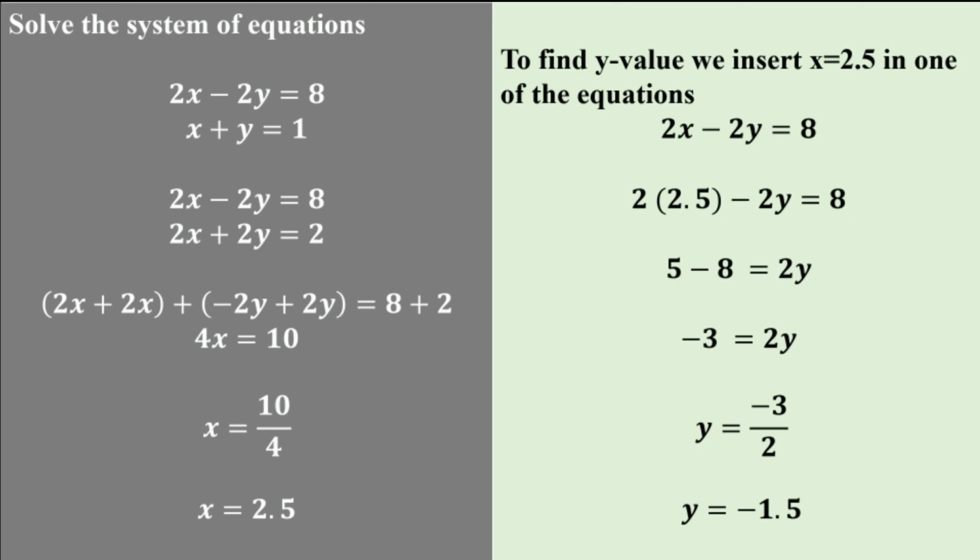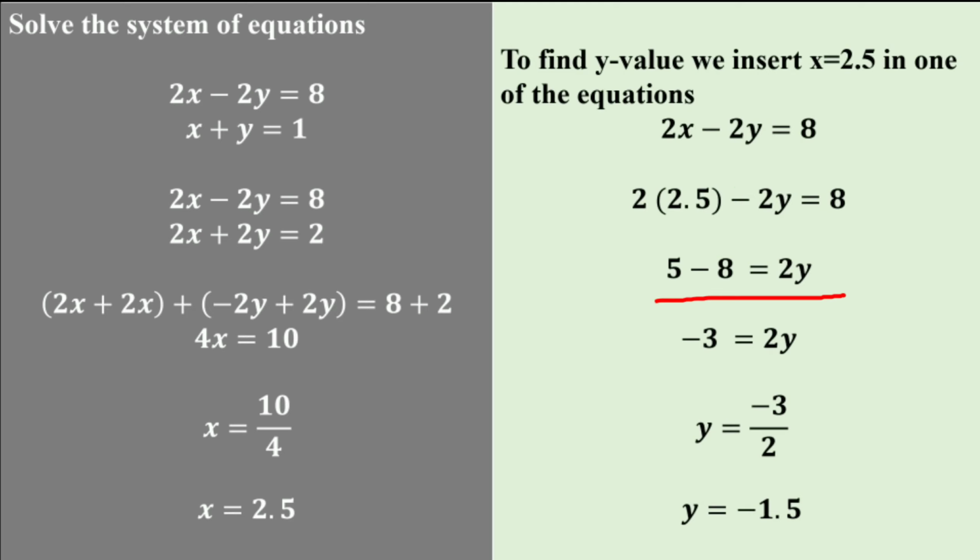Now we want to find the value of y. To find y, we insert the value of x, 2.5, into one of the equations. For example, we select the first equation, 2x minus 2y is equal to 8. So 2 into 2.5, minus 2y is equal to 8.